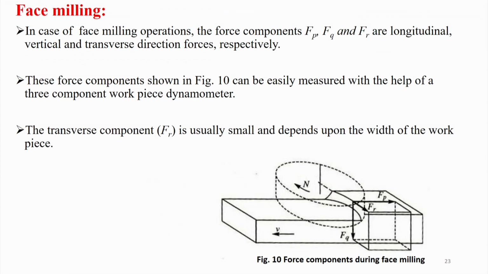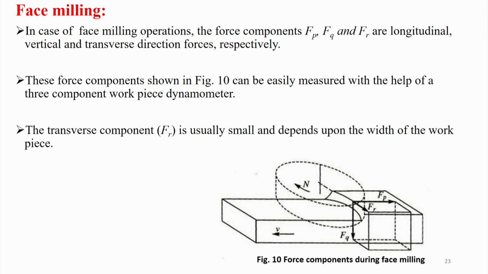In the face milling operation, the force components Fp, Fq and Fr are the longitudinal, vertical and transverse direction forces. These force components can be measured with the help of a 3-component workpiece dynamometer.